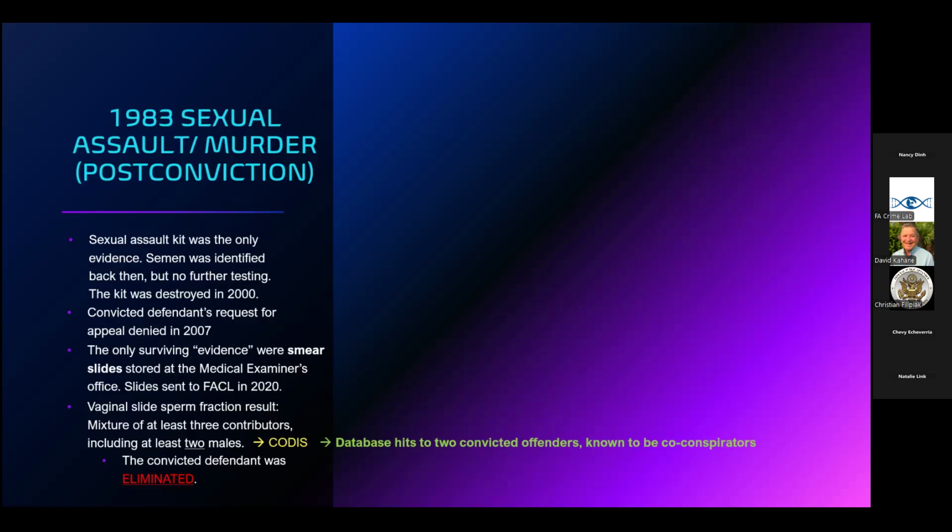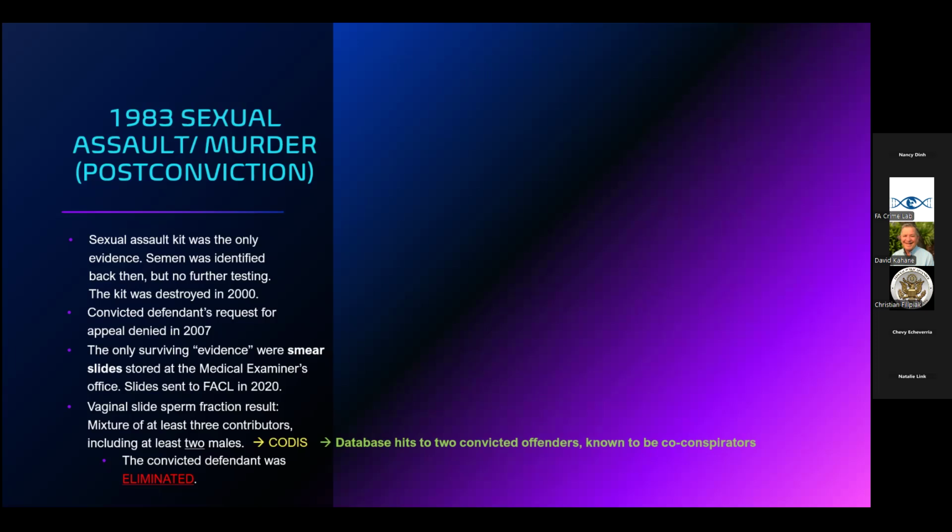And then 2 months after our victim's murder, the same pair accosted a man in a parking lot. And then they drove him to an isolated area, beat him up, and then ran over him with their car, killing him. One of the suspects pled guilty to the sexual assault and murder of both women in 1983, adding 2 more consecutive life sentences on top of his current life sentence for a different murder.